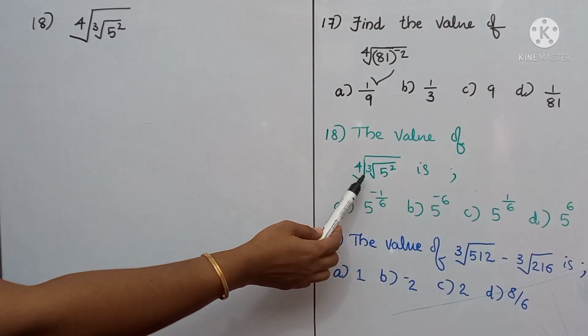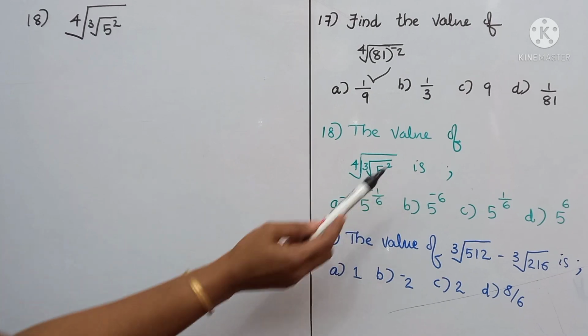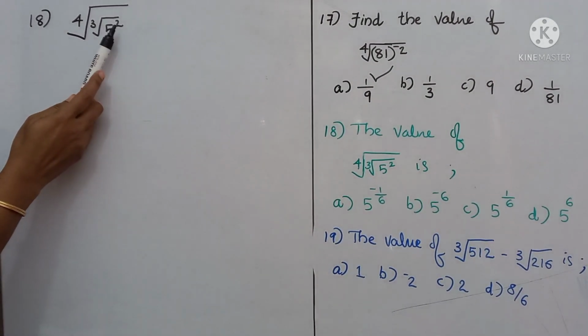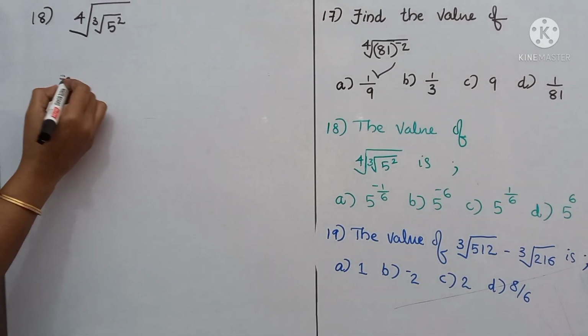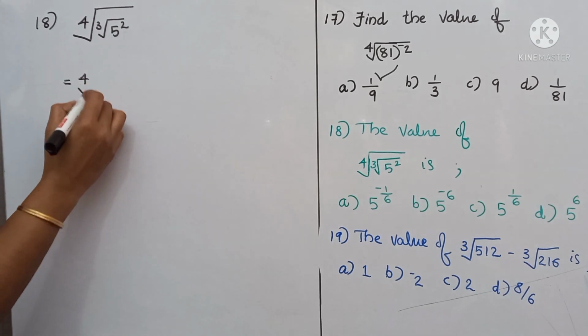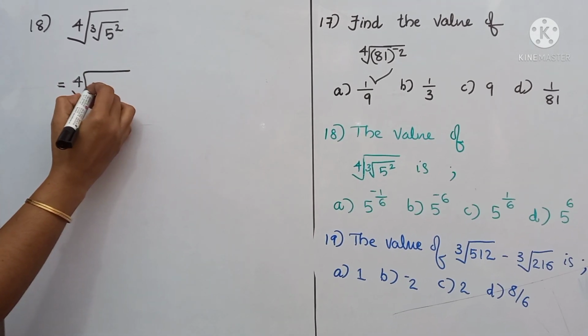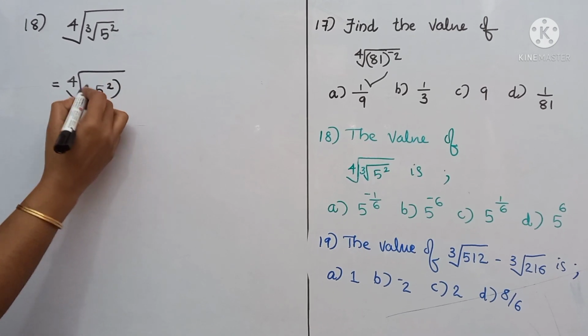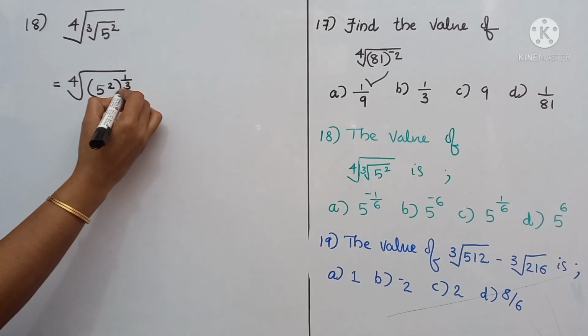Question number 18. The value of fourth root of cube root of 5 square is, we have to solve it. Here it is written fourth root of cube root of 5 square. Then we have to change each one by one by using exponents. Cube root of 5 square. We know cube root of 5 square is 5 square raised to 1 by 3.